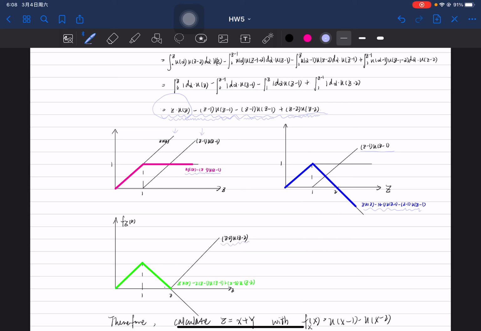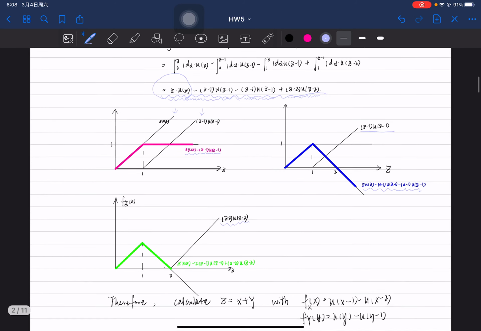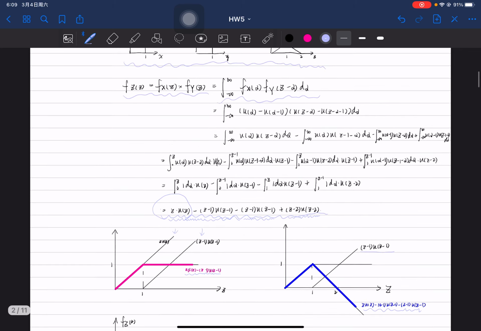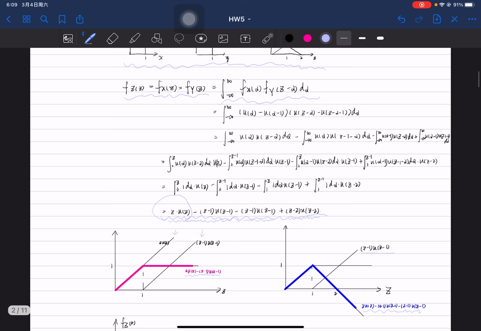And then we can draw the line of z times u(z) minus 2 times (z minus 1) times u(z minus 1) plus (z minus 2) times u(z minus 2), which is this green line, and this is the density function of Z.